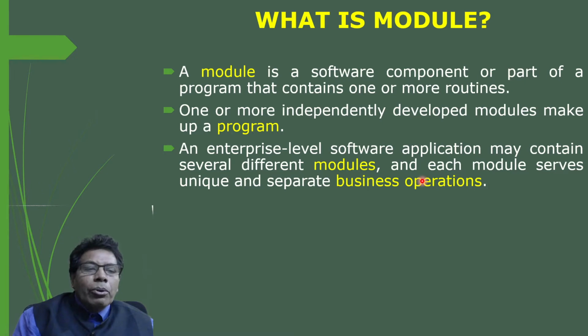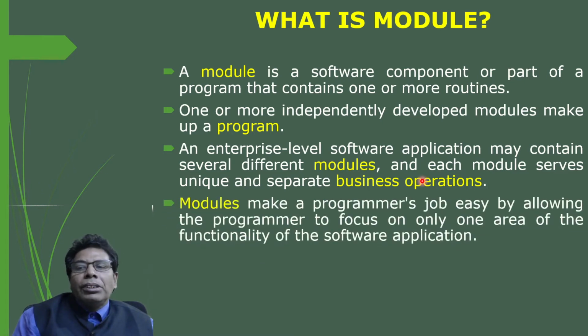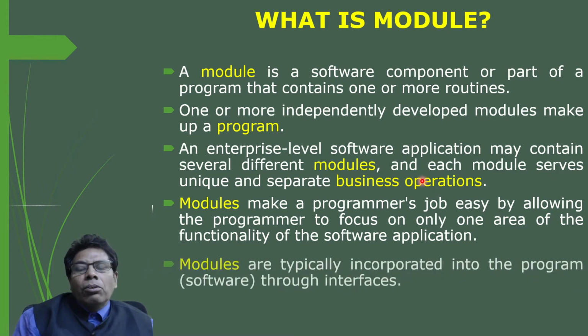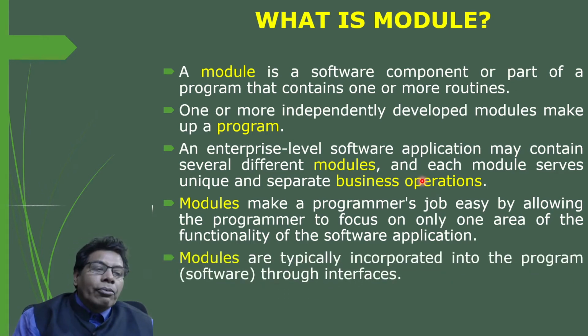Modules make a programmer's job easy by allowing the programmers to focus on only one area of the functionality of the software application. So team members who are involved in making the software will have to focus only on one area of the functionality if they are doing it as a module. The modules will typically be incorporated into the software through interfaces. So every module will have certain interfaces, and through that it will be put into the software.